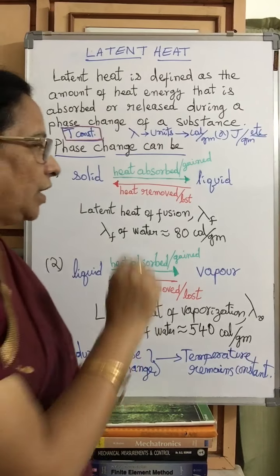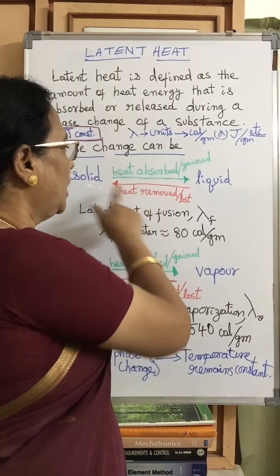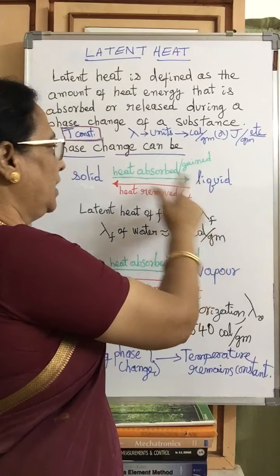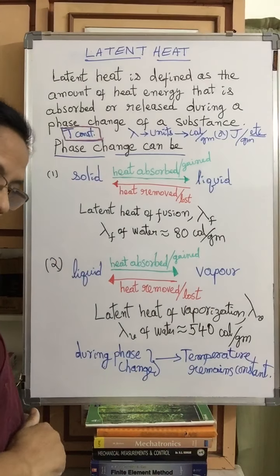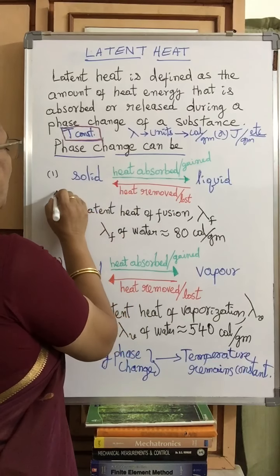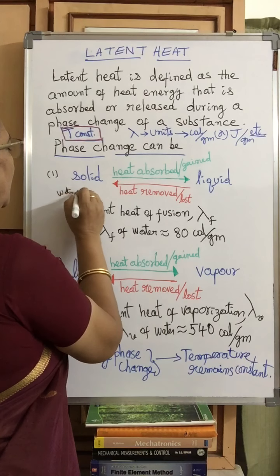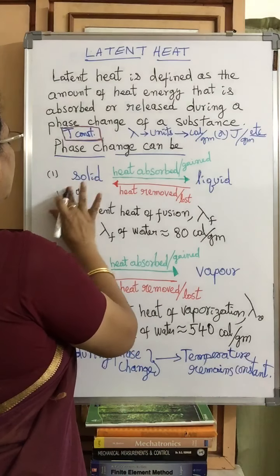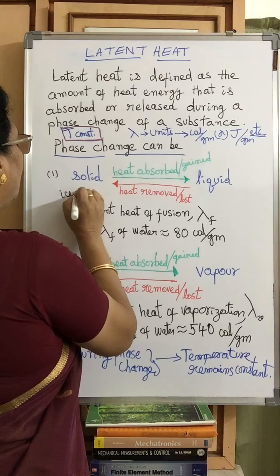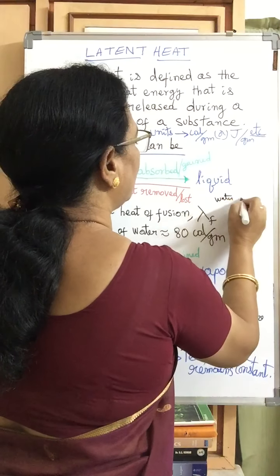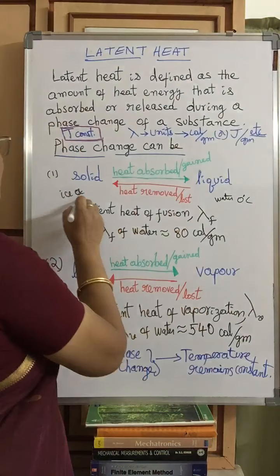You can notice one point, there won't be any temperature change. Suppose solid water, if you take the example of water, this is ice. Ice is at 0 degrees centigrade, and water is also at 0 degrees centigrade.